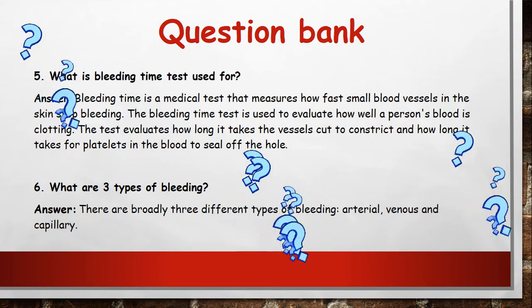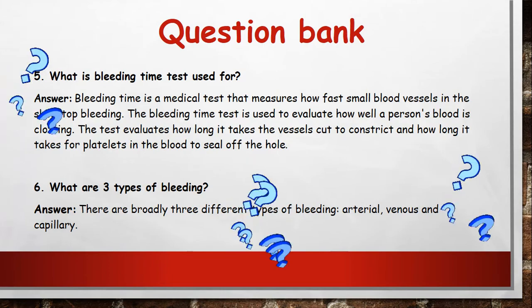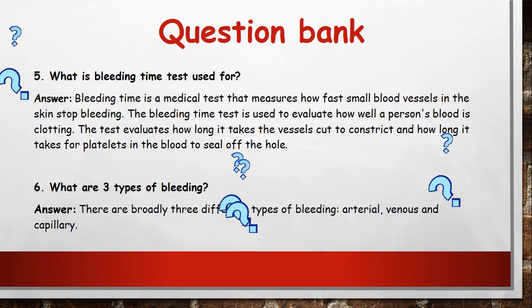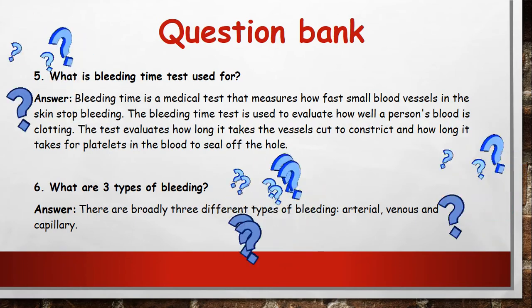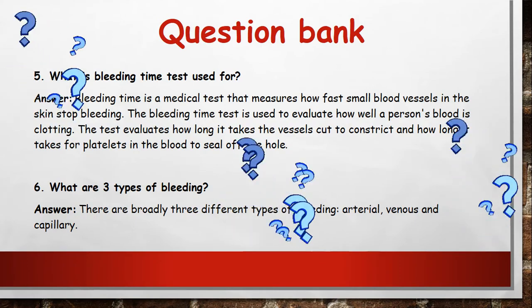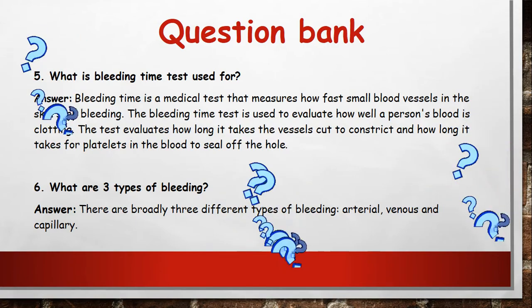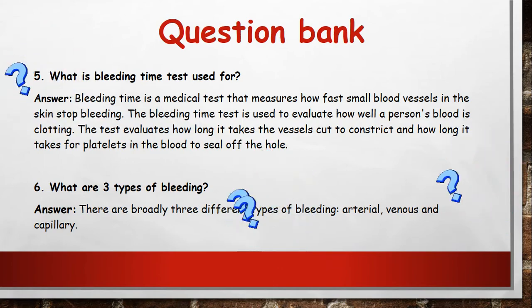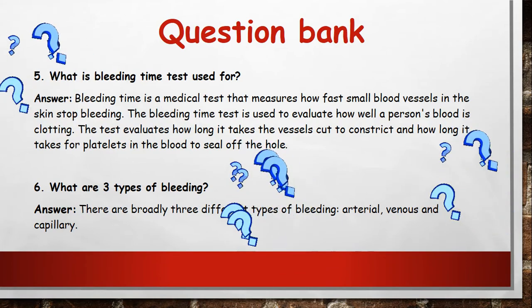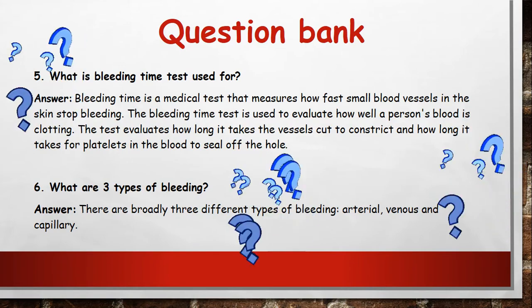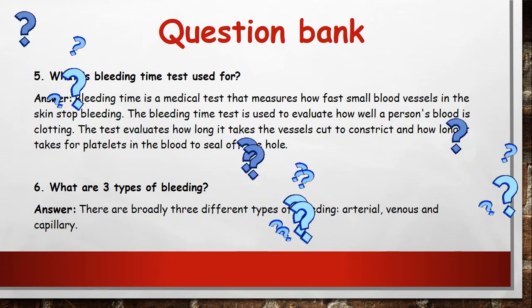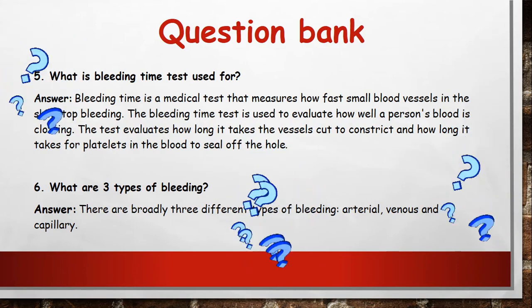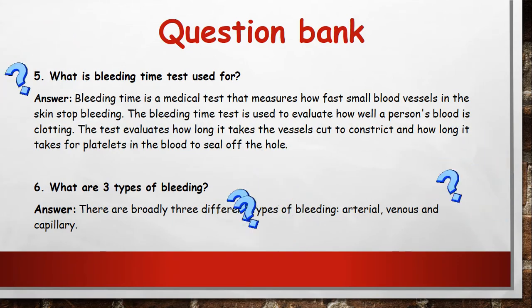The bleeding time test is used to evaluate how well a person's blood is clotting, and the test evaluates how long it takes the vessels cut to constrict and how long it takes for platelets in the blood to seal off the hole. Next question, what are three types of bleeding? Answer is, there are broadly three different types of bleeding: arterial, venous, and the capillary.